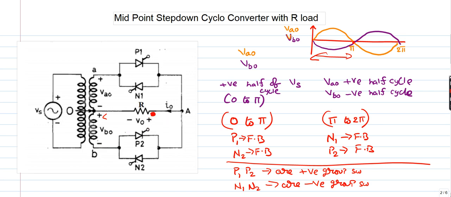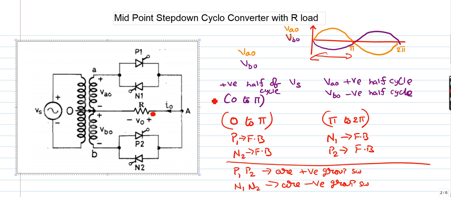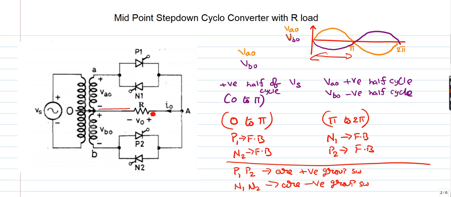Now we'll see when N1 and N2 are in conduction. When N1 and N2 are in conduction, the current flow starts from, let us say when N1 is in conduction, so the current flow starts from O to left side of the resistor, and then N1 to A. So this is the current flow. That means the current is entering from the left terminal of the resistor, so that the output voltage polarity will be negative.